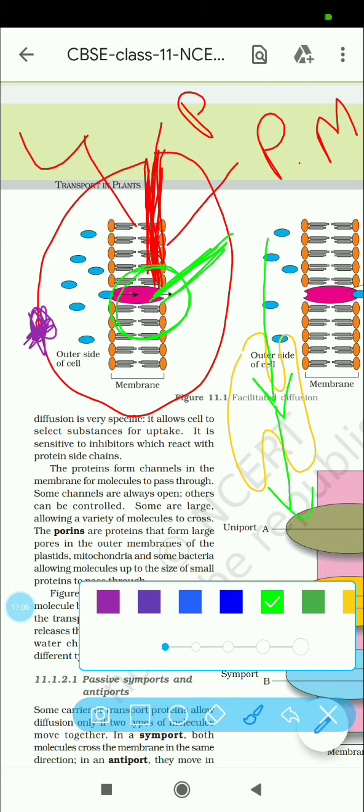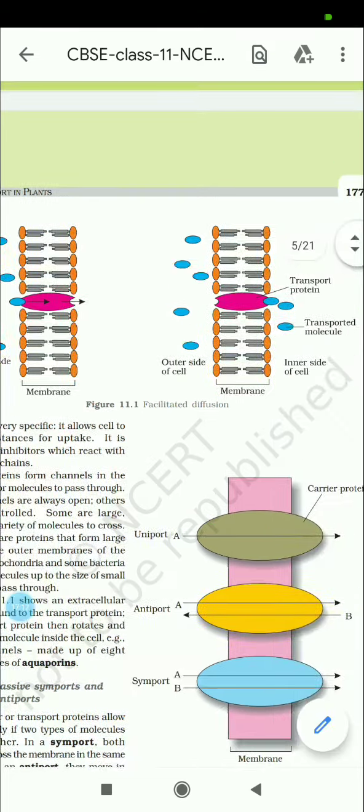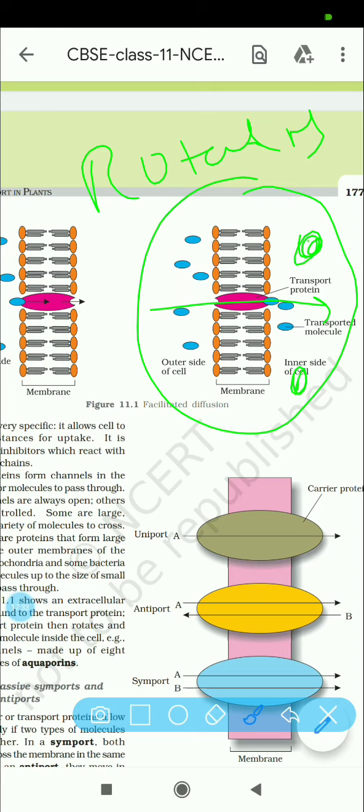Now how will they function? If you want to understand that, you should know this diagram. See, they take a substance from here, it rotates, and then it releases the compound onto this side.